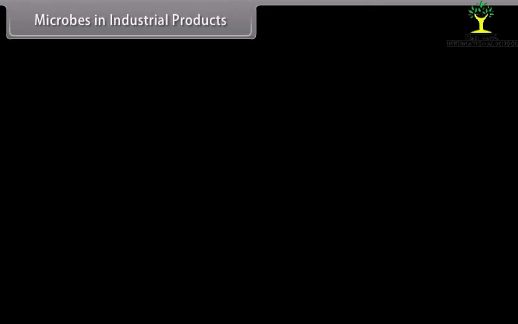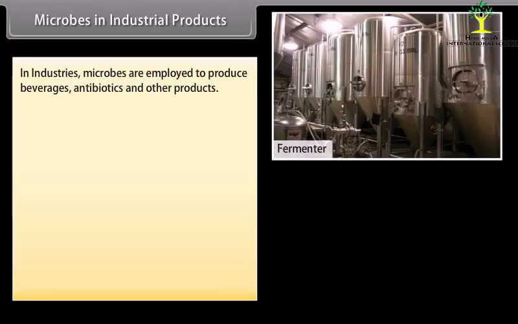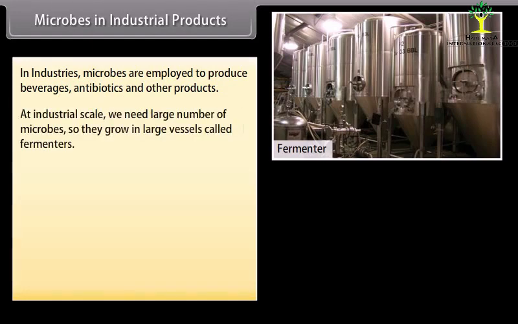Microbes in industrial products. In industries, microbes are employed to produce beverages, antibiotics, and other products. At industrial scale, we need a large number of microbes, so they are grown in large vessels called fermenters. Fermented beverages.